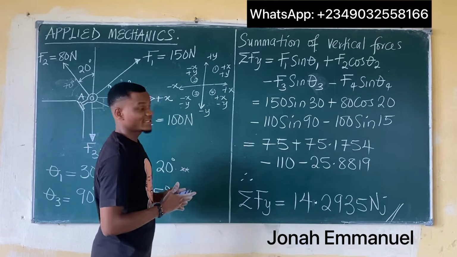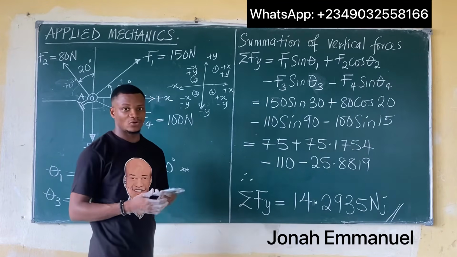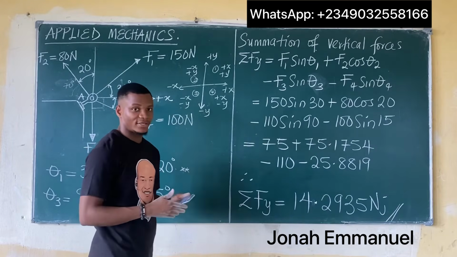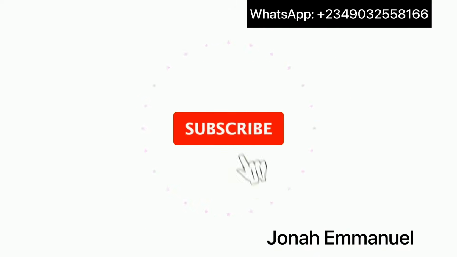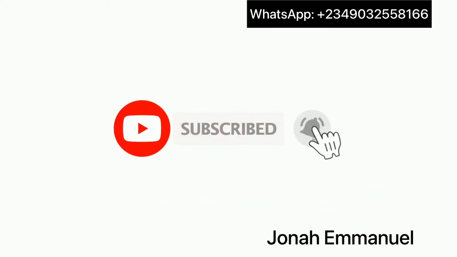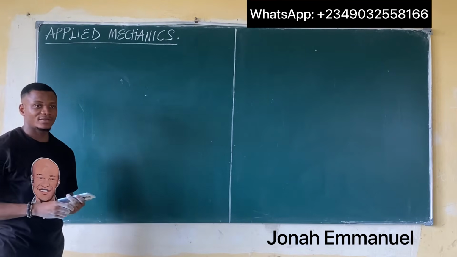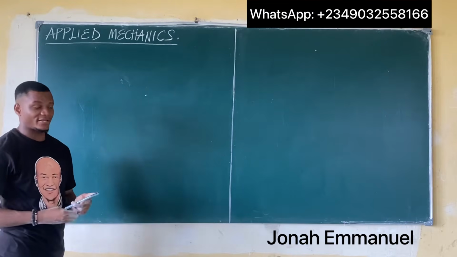Alright, so finally let's now get the resultant in vector form and also its magnitude and perhaps also its direction.